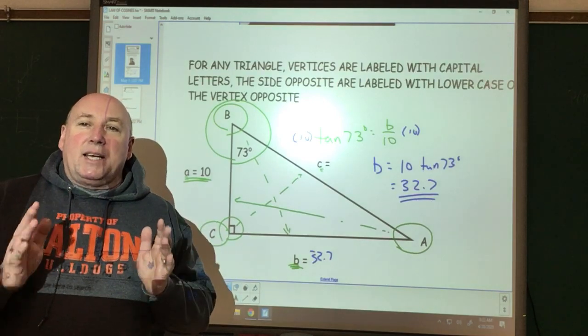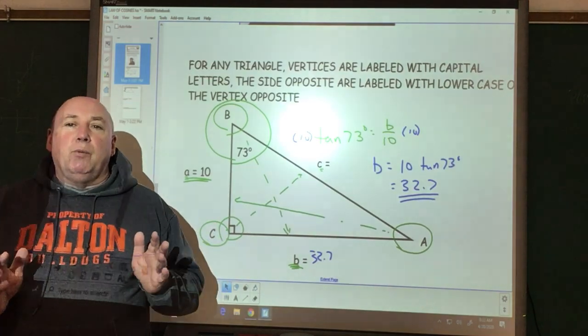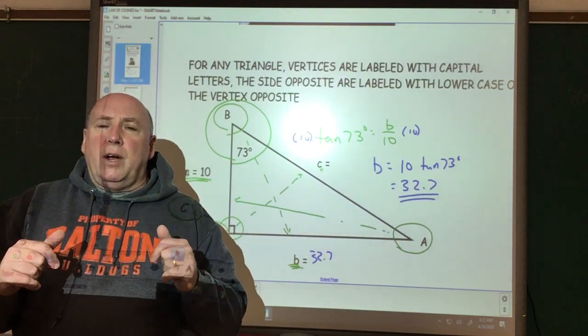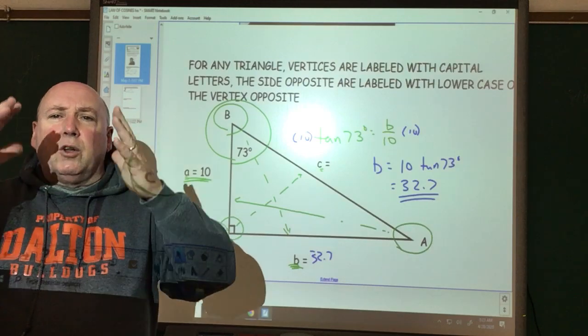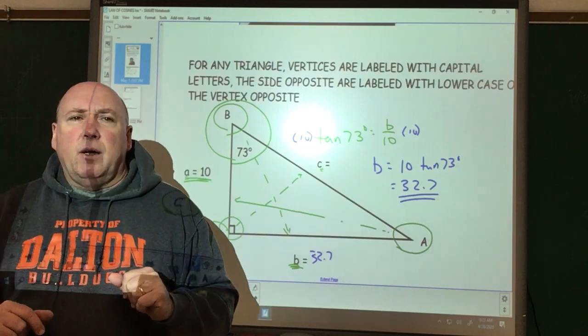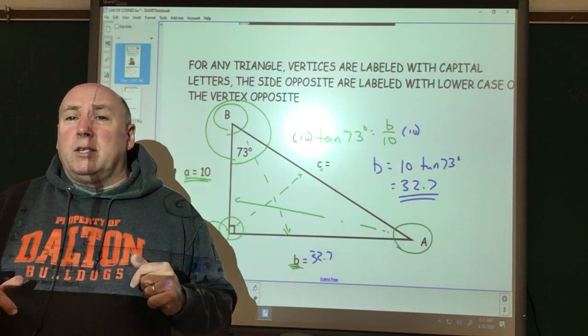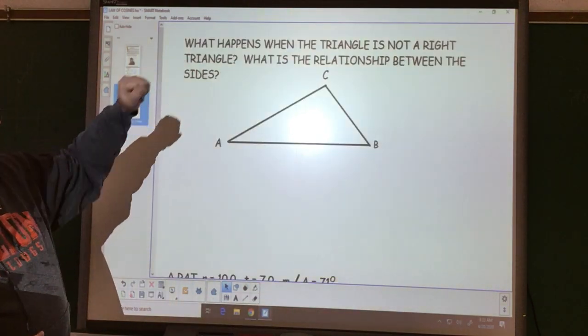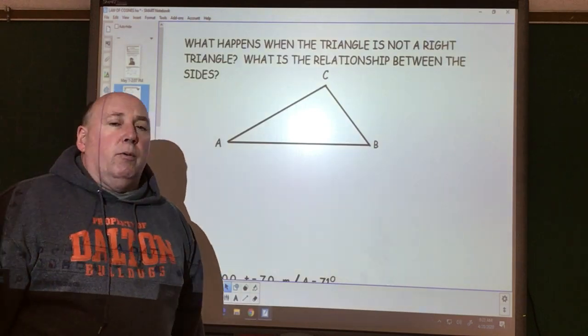Everything in the world does not come down to a right triangle, but we still want to be able to solve the triangle. And when we talk about solving the triangles, we're just looking for lengths of sides or measures of angles. That's what it means by solving a triangle. So what happens when the triangle is not a right triangle?